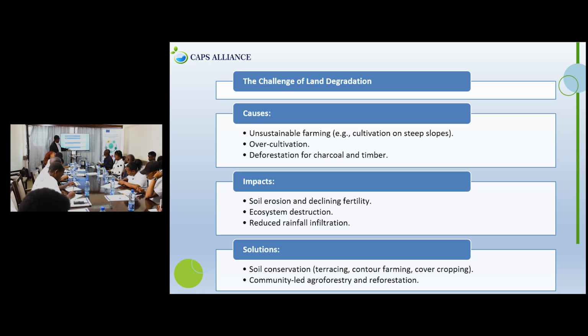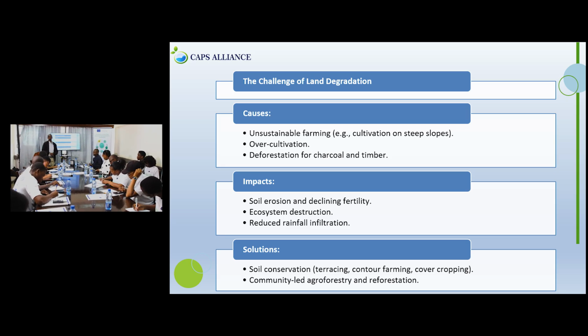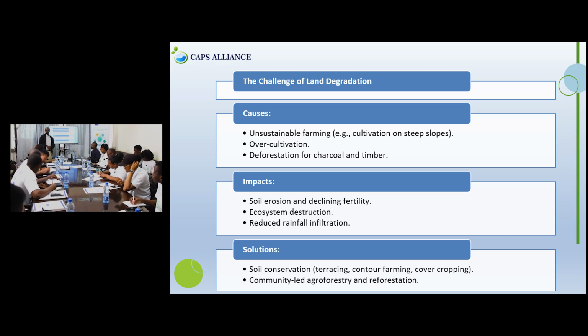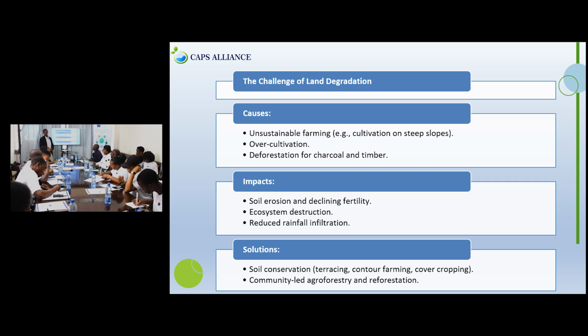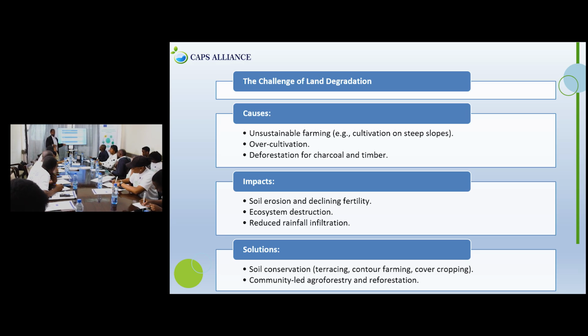Now, community-led agroforestry and deforestation. Every other time, the President of the Republic of Kenya is saying we need to plant 15 billion trees in Kenya. And those will be able to capture CO2, or emissions, or greenhouse gases that are trapped by the trees.